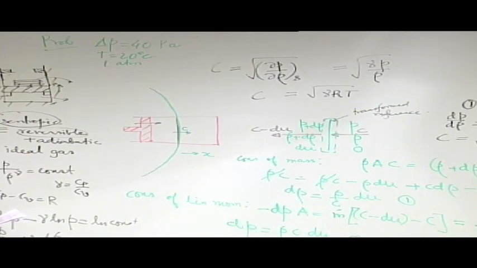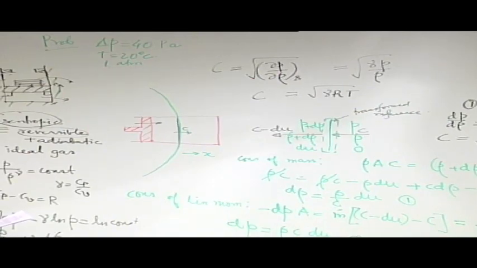Estimate number 1 the density change and number 2 the velocity change across the wave.